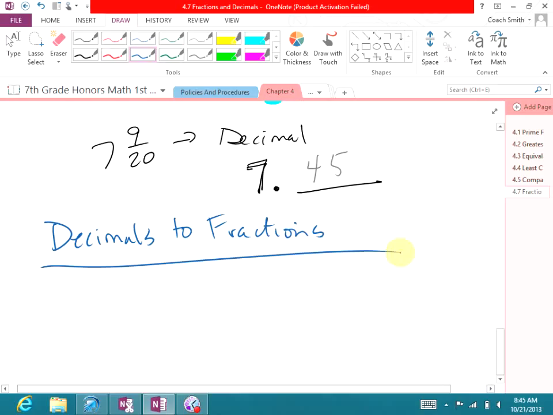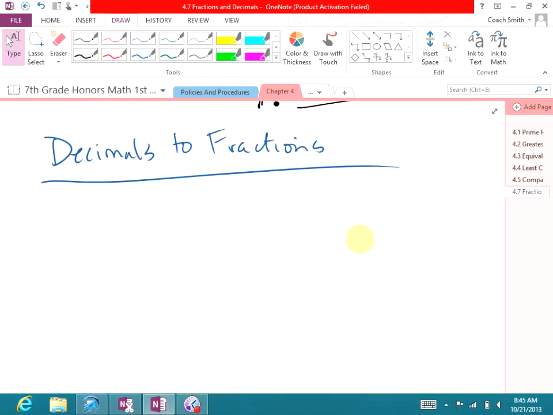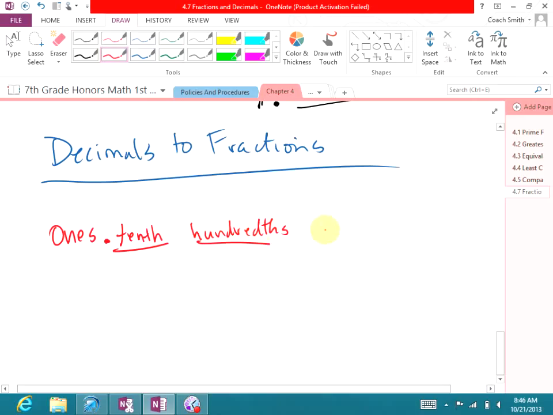Okay, to do that, you have to remember our decimal places. You have the ones place value in front of the decimal. Behind the decimal, you have the tenths, the hundredths, the thousandths, and the ten-thousandths.